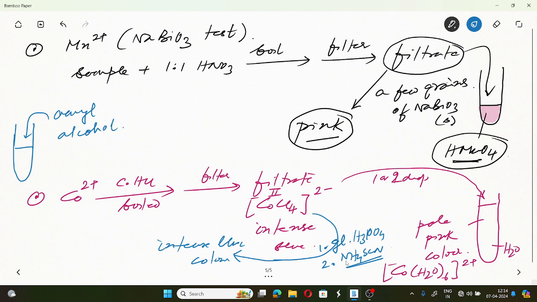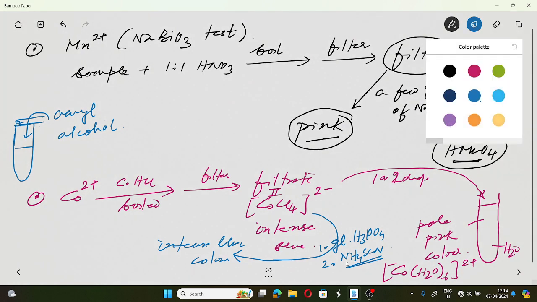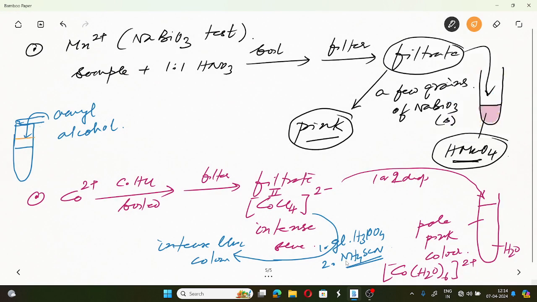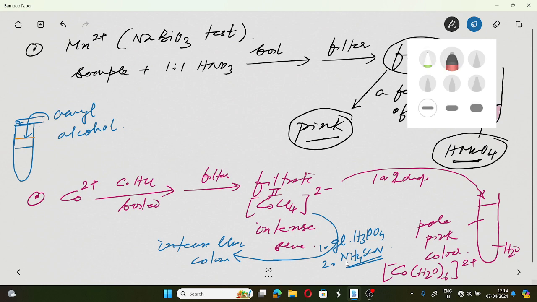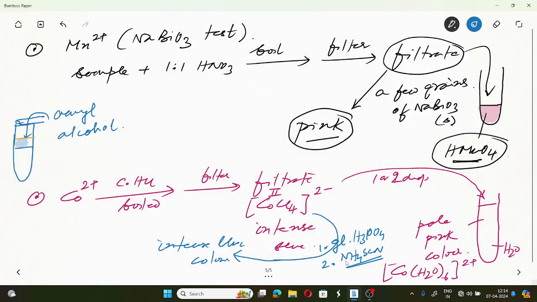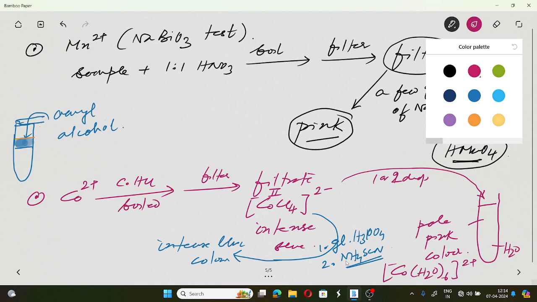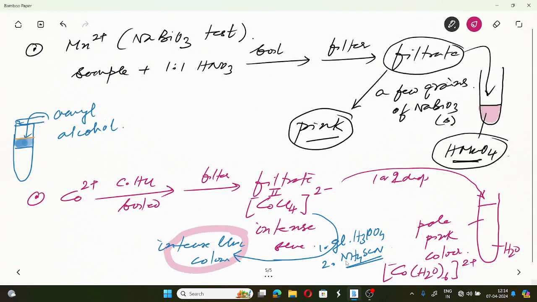ঠিক আছে, এটাকে শেক করছো, এখানে তুমি মেবি কিছু একটা আমুল বা কিছু দিয়ে, আমুলটা দিলে you have to wear gloves, so you shake it vigorously. You'll find that this amyl alcohol layer will turn blue. That means this intense blue color যেটা দেখছো, this amyl alcohol এর মধ্যে এই intense blue কালারটা চলে আসে.